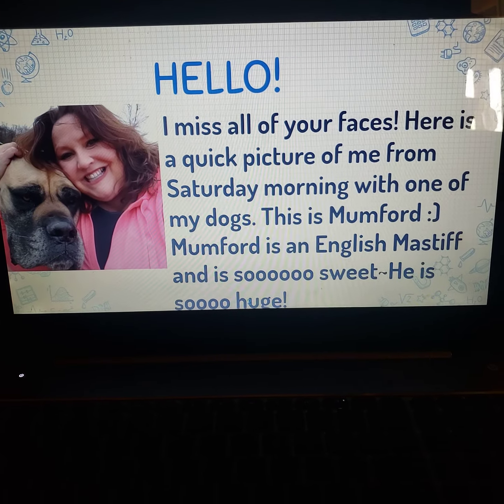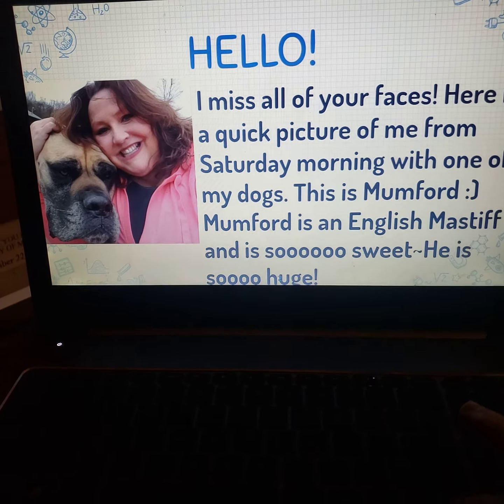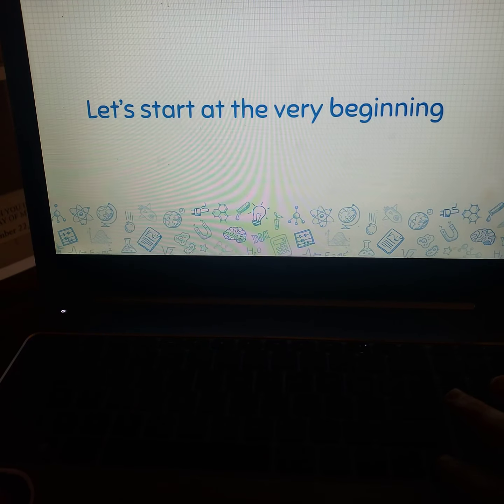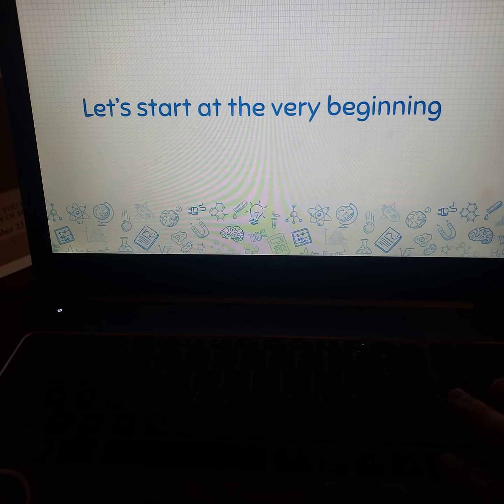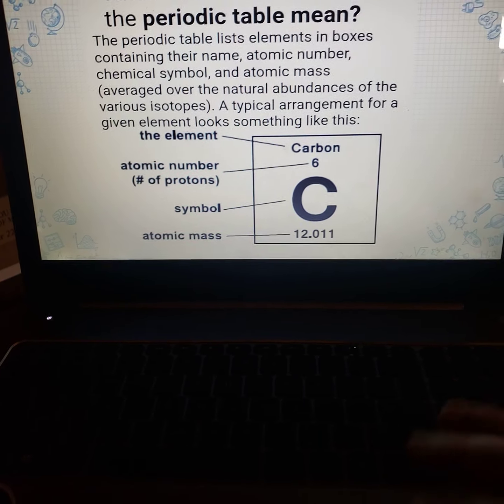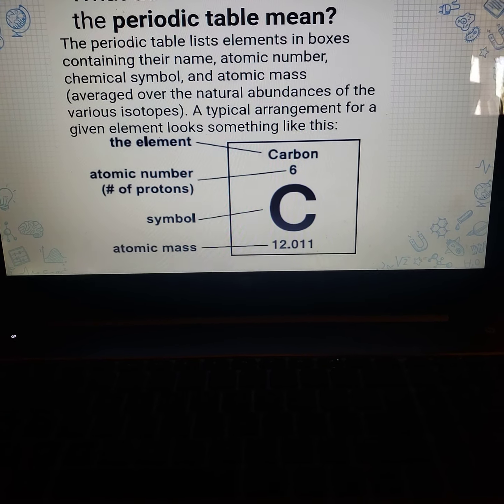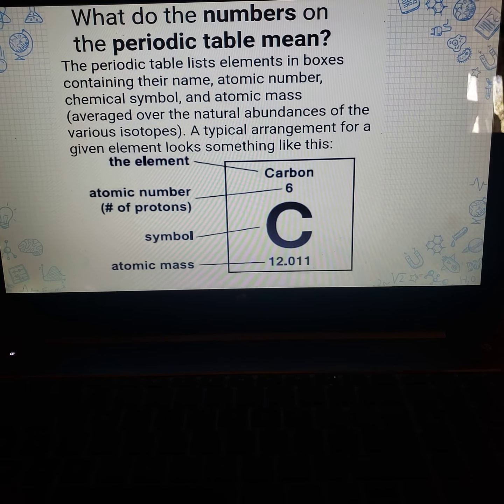So, let's get back to our periodic table stuff. All right, let's start at the very beginning. What do the numbers on the periodic table mean? Well, we have talked about this before.